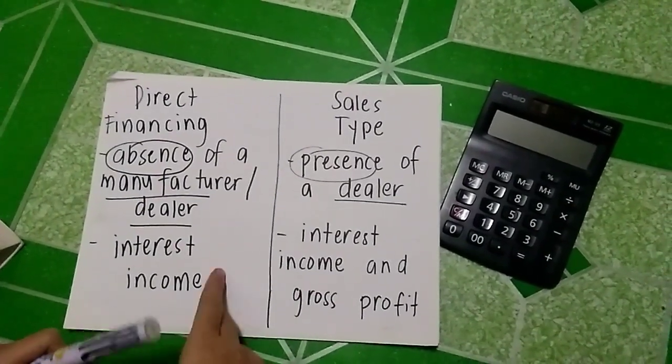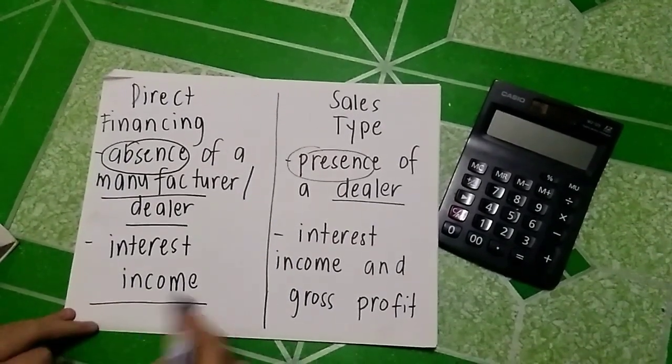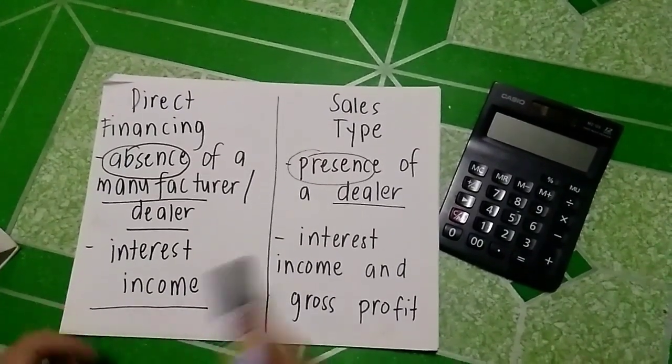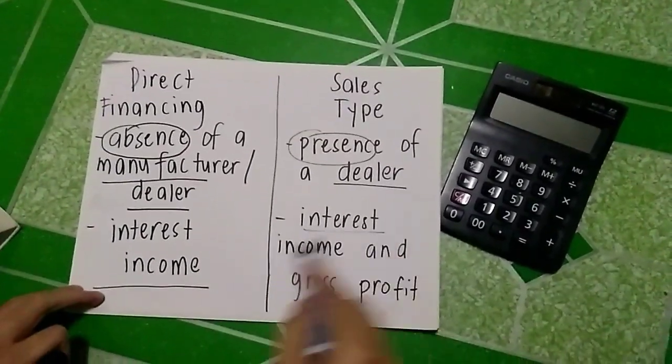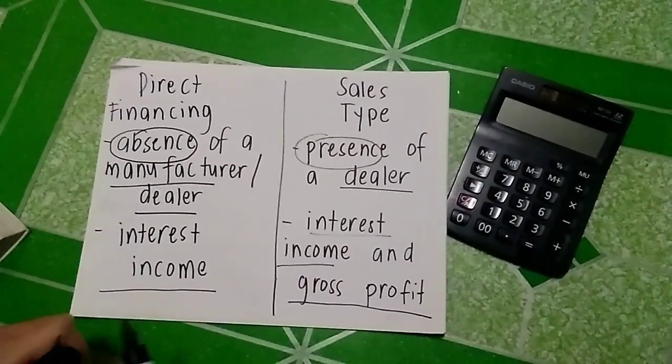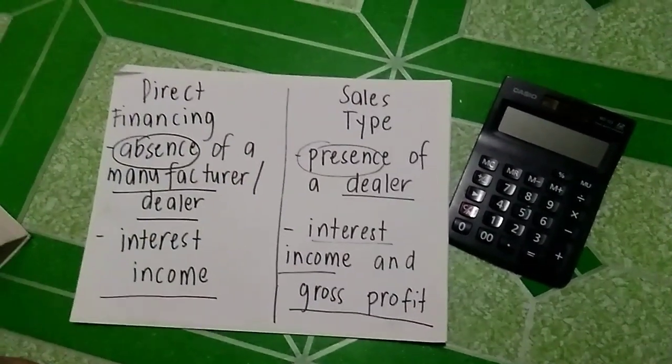Next, in direct financing lease, it recognizes interest income, while in sales type lease, it recognizes two: interest income and gross profit. So now we will focus on direct financing lease.